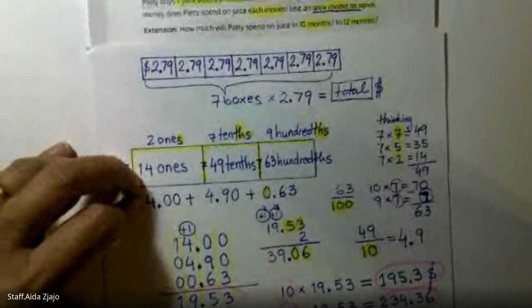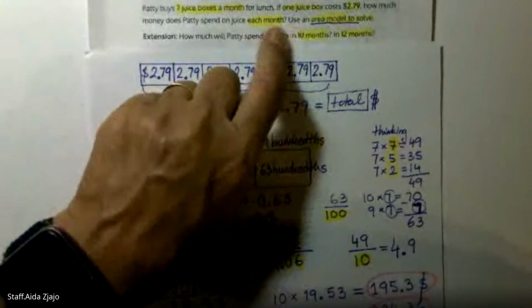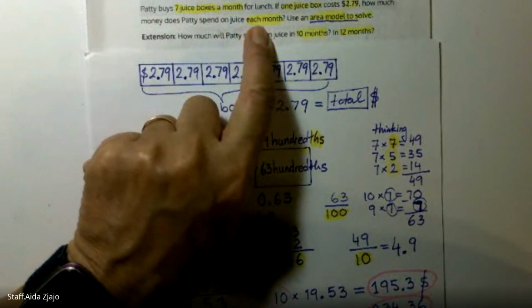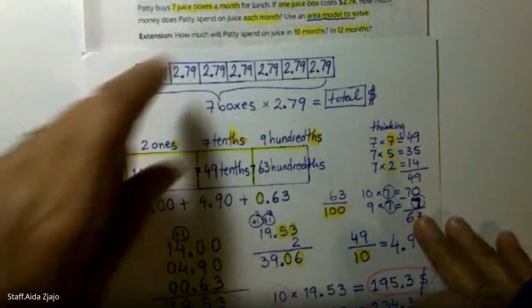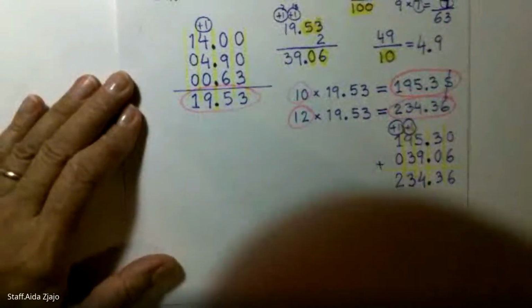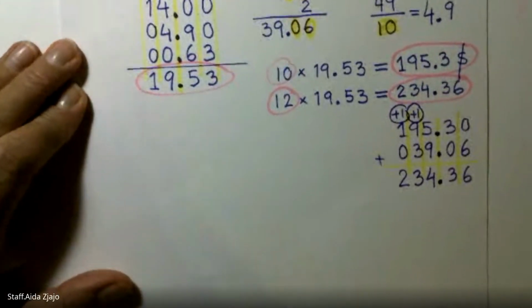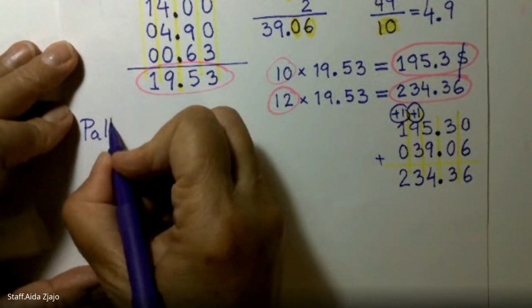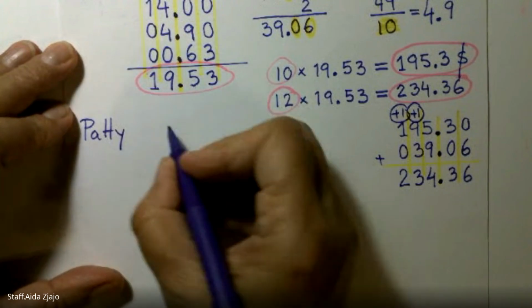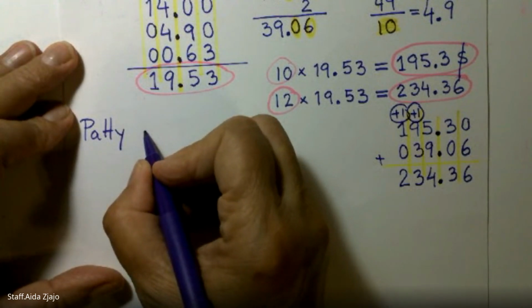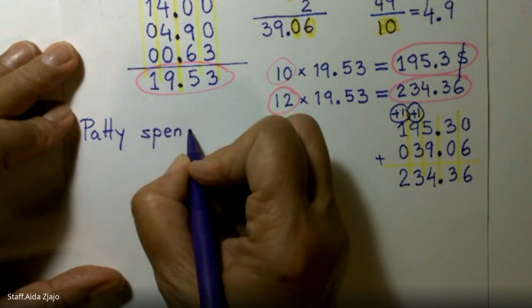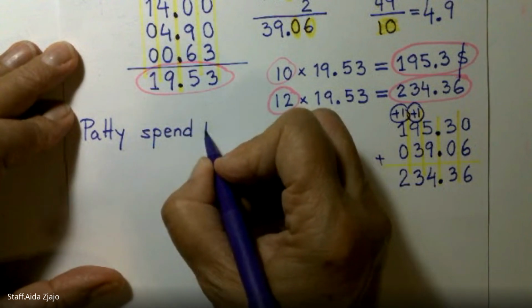Okay, so now it says, how much money does Patty spend on juice each month? So we can use the area down here. Okay, Patty spent $19.